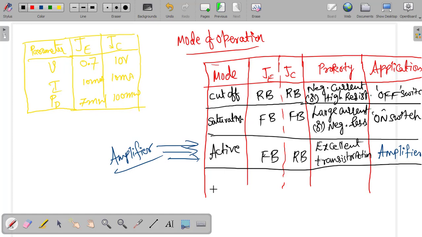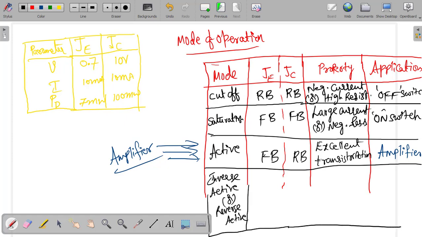Now next, last one, inverse active. You can call it reverse active or inverse active, both are the same. Reverse active region. This is a mode. Clear? Here it is just opposite to the active.